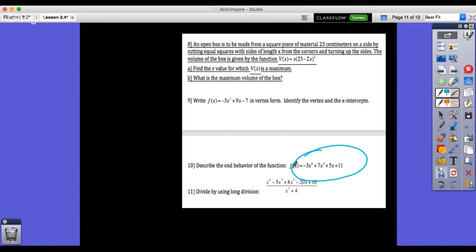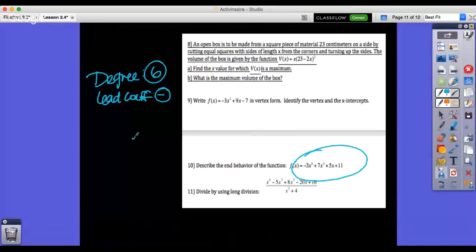First off, let's talk about the degree. What's the degree of this? 6. Good. And what's the lead coefficient? Negative 3. Good, and we just need to know that it's negative. With an even degree and a negative lead coefficient, what is my end behavior?